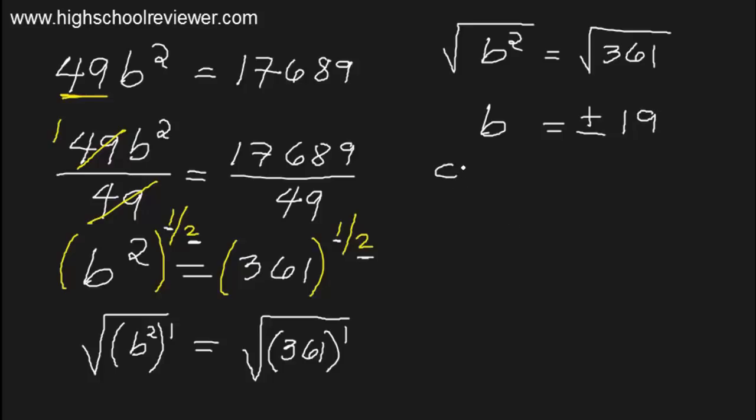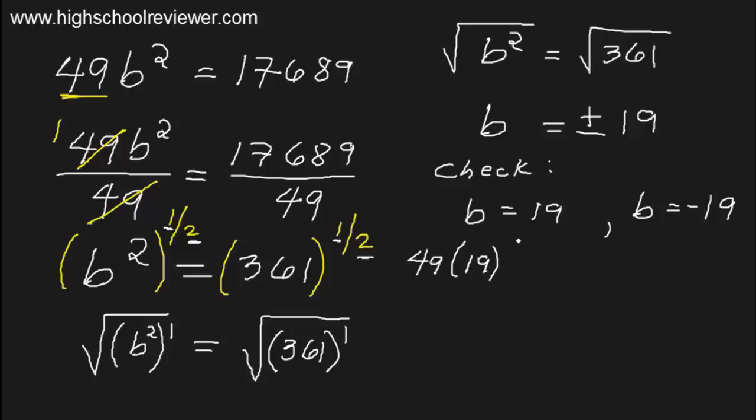Now let us check if the answers are correct. So first, b is positive 19, and we also have b, which is negative 19. So our equation will be 49 times our b, positive 19 squared, equals 17,689. And here we also have 49 times negative 19 raised to 2 equals 17,689.